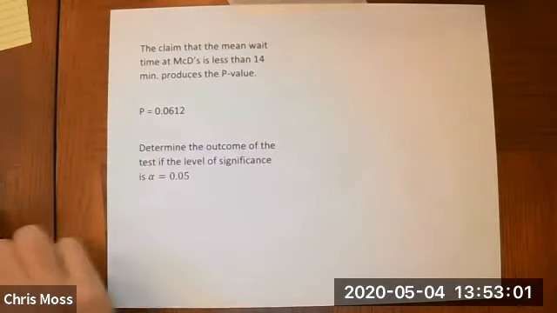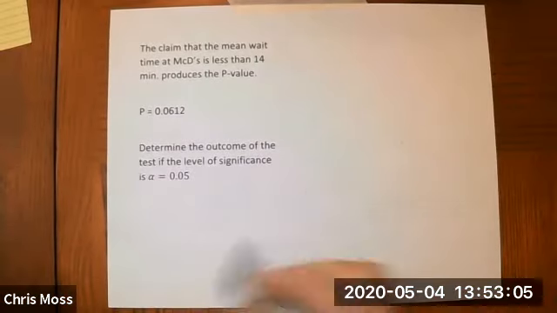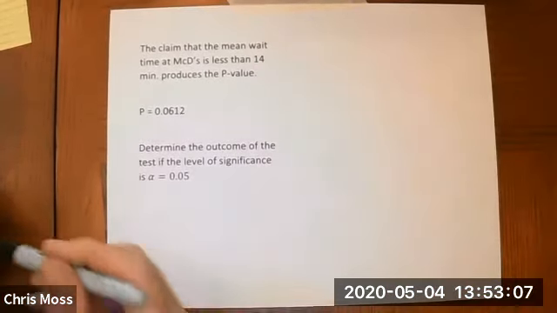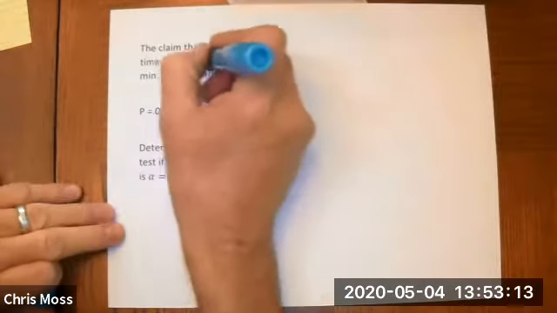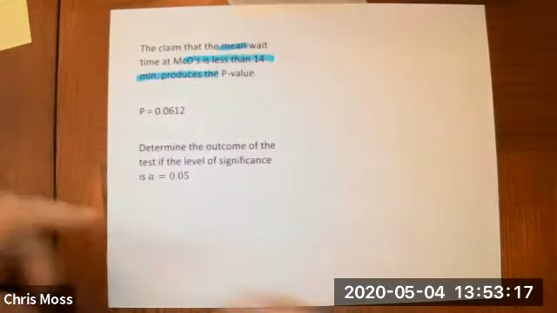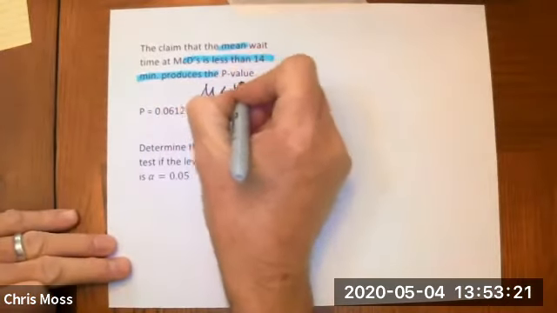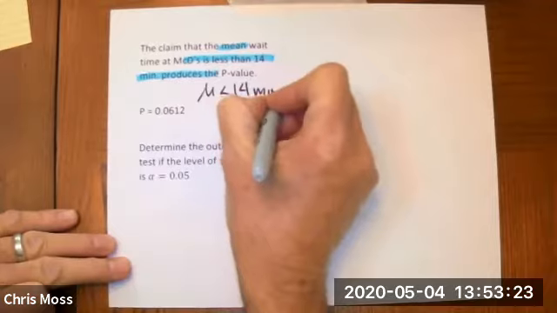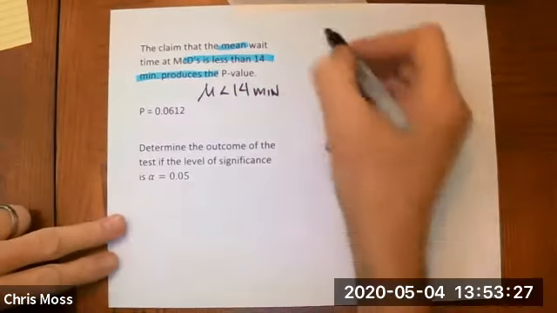We have another one. We have the claim that the mean wait time at McDonald's is less than 14 minutes, and that produces its own particular p-value, and we'll run through the same general process here again. So, less than 14 minutes, the mean wait time. So, in terms of notation, that translates to mu is less than 14 minutes.